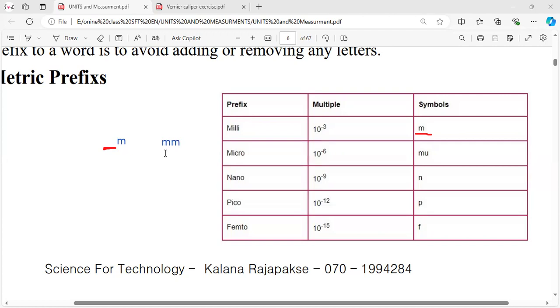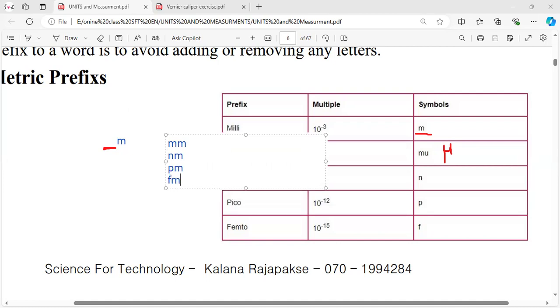Or if I take the mu term, in the second example here, mu can be written down like this as well, right? Millimeters, micrometers, and nanometers, nm, picometers, pm, femtometers, fm, like that, right?